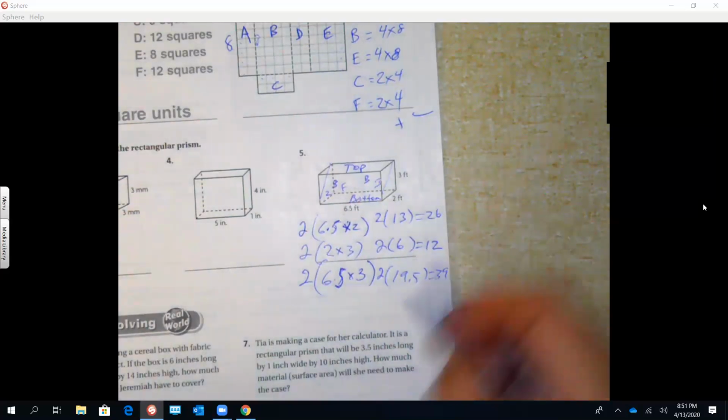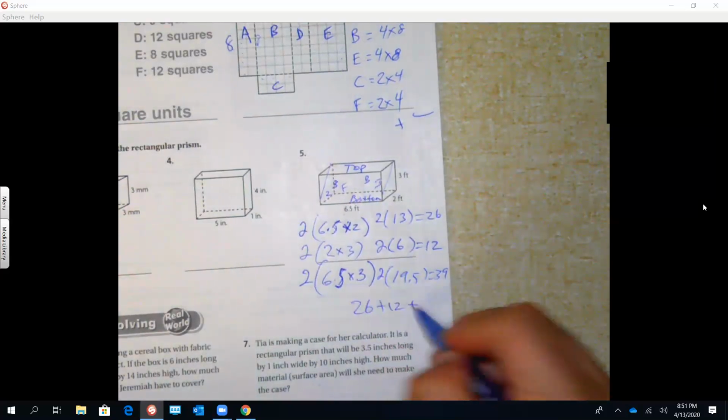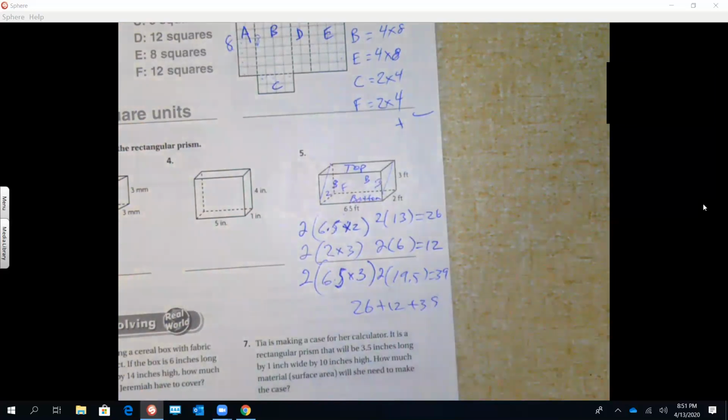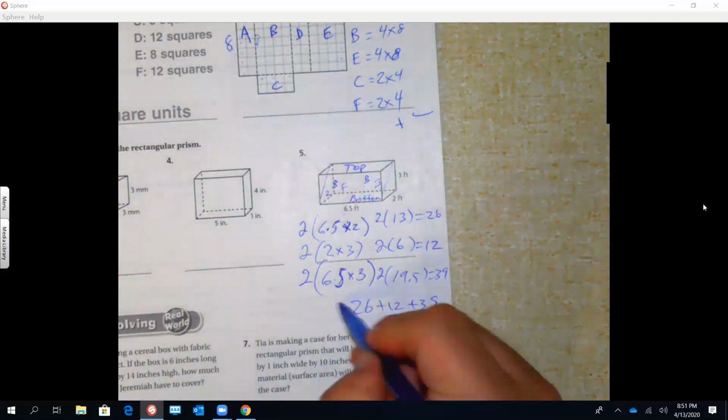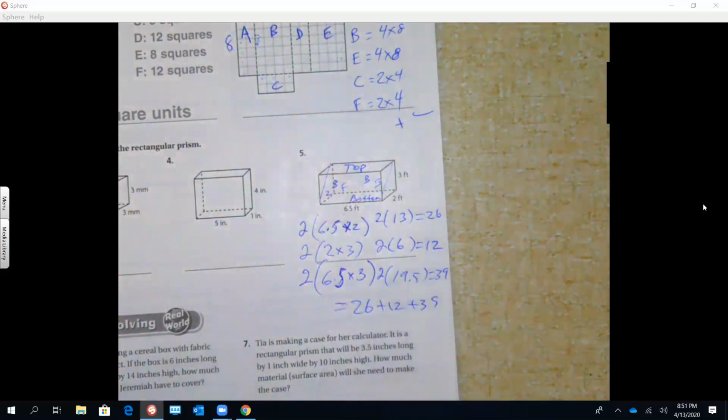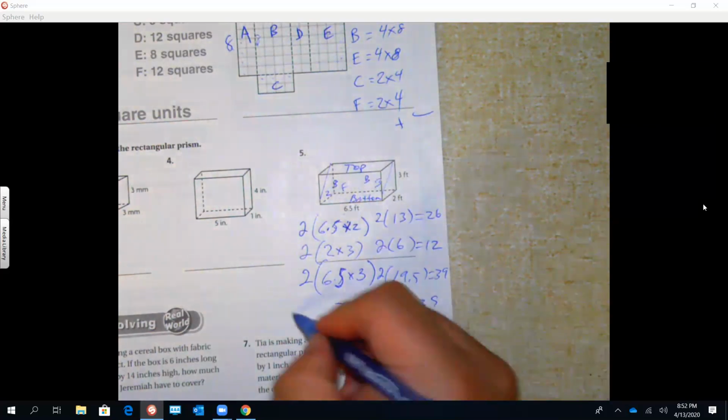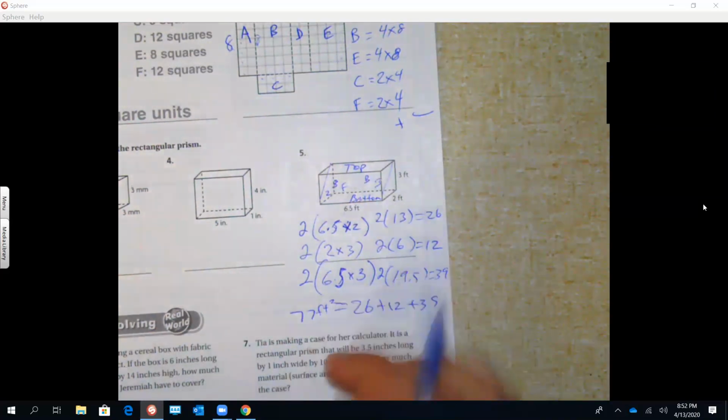So add them up. 26 plus 12 plus 39. You get 77 feet squared.